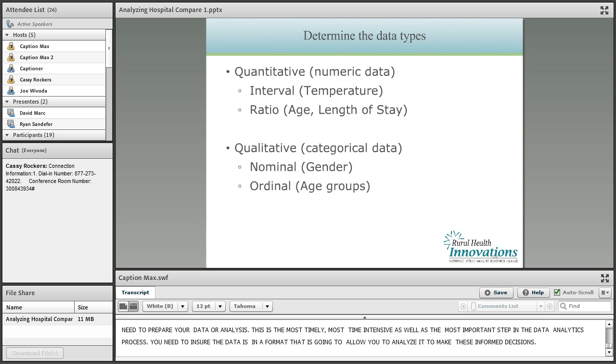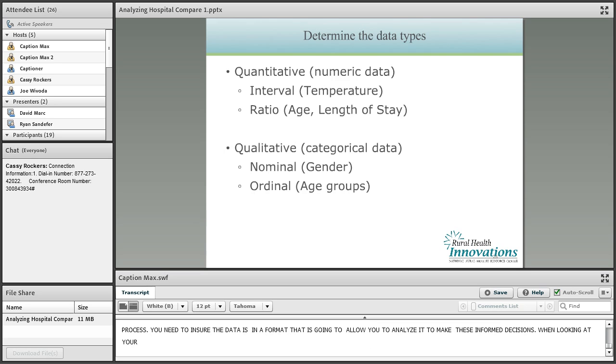SAP is another option. There are many, many options when it comes to enterprise data warehousing. And again, these different platforms are suitable for different organizations.